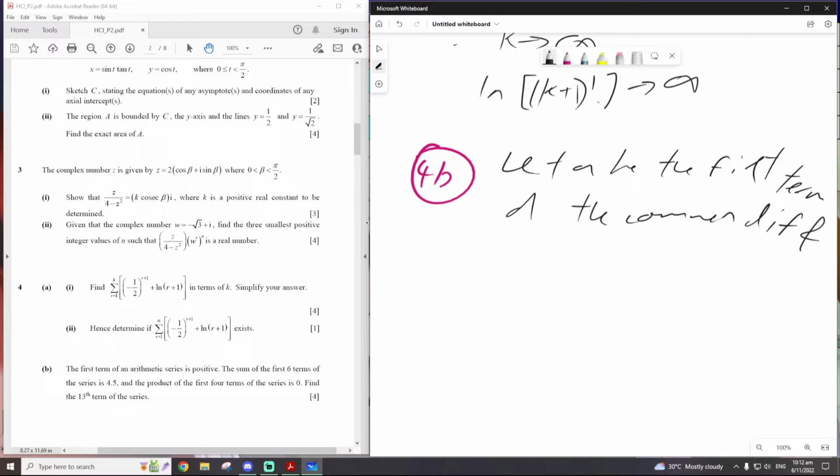Let me make this a bit clearer. So we have the sum of the first six terms, which is 6 over 2 times the first term plus last term. So it's 3 times the first term plus last term, which is a plus 5d.